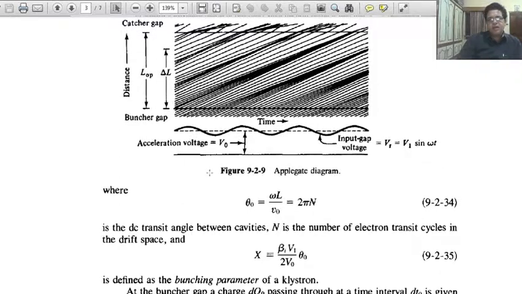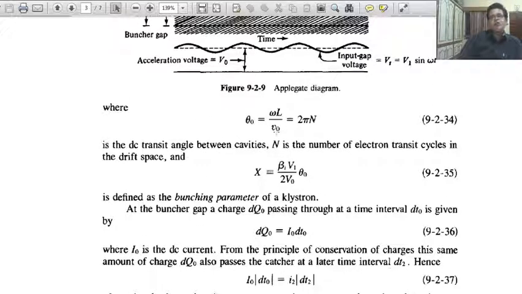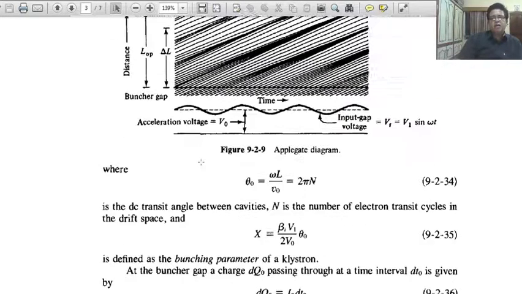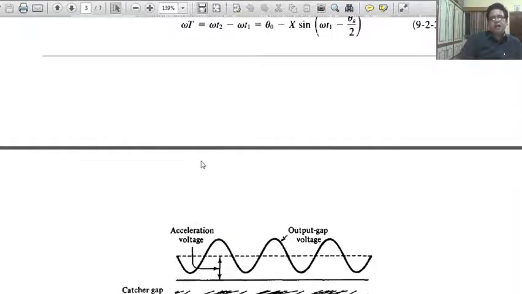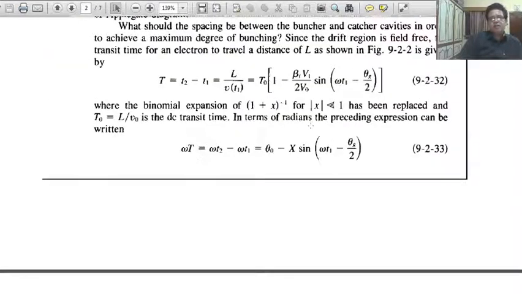Here theta 0 is the DC transit angle. As I initially told you, if there is a zero subscript for a symbol, that is for DC: the transit angle and the DC transit time.